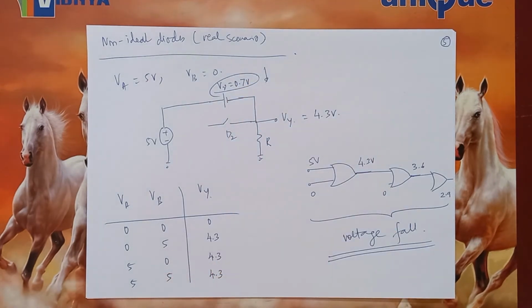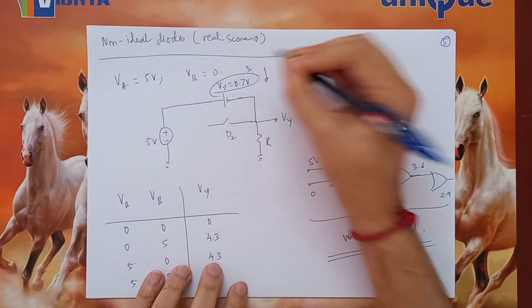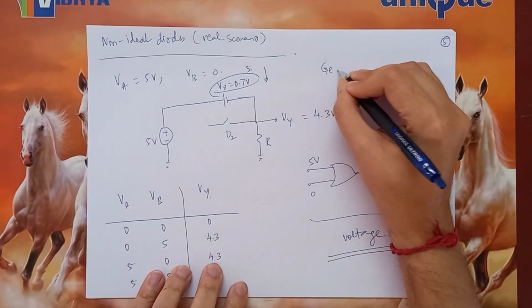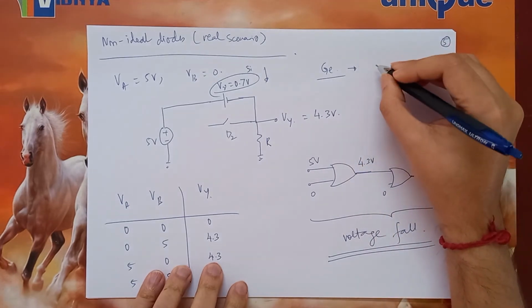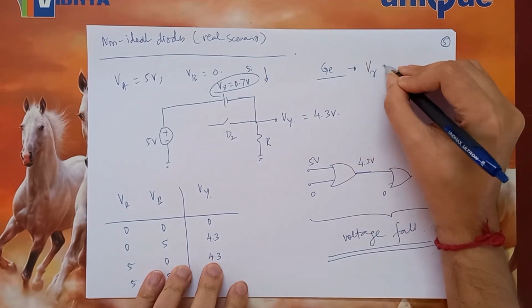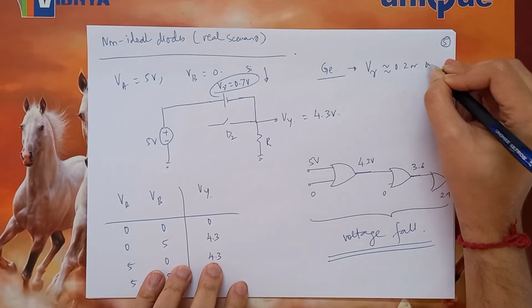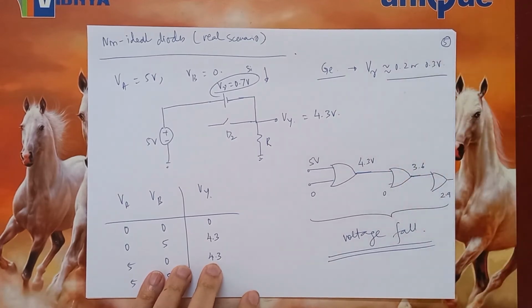Can the built-in voltage of a diode be reduced? Well, it can be reduced if you change the material of the diode. This is normally the case for silicon diodes. If you go for germanium diodes, you will see that the V gamma is generally around 0.2 or 0.3 volts, which is better.